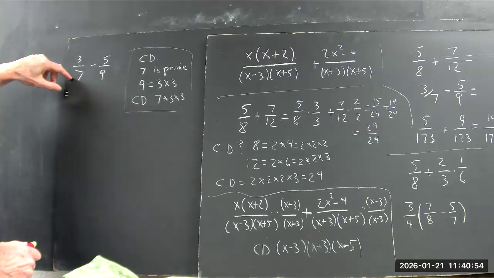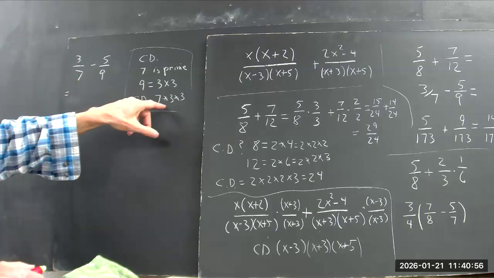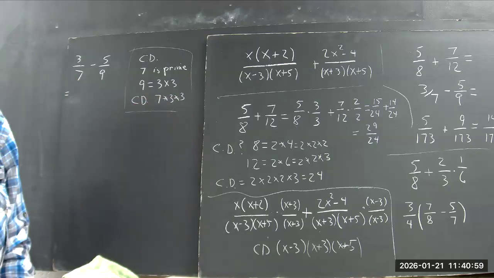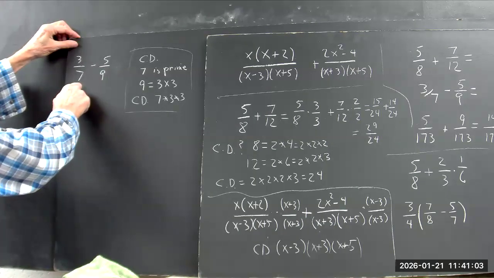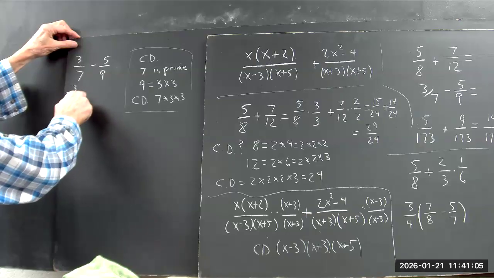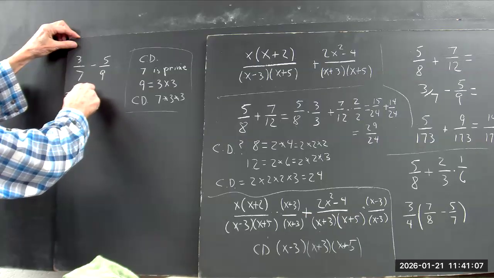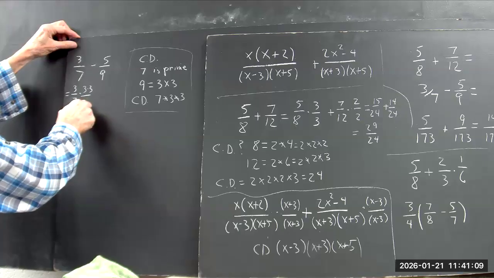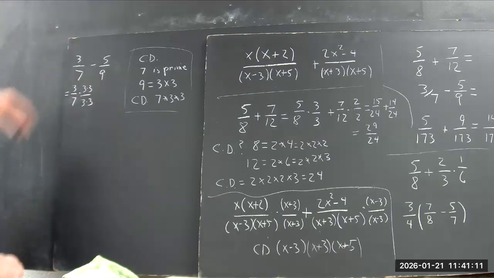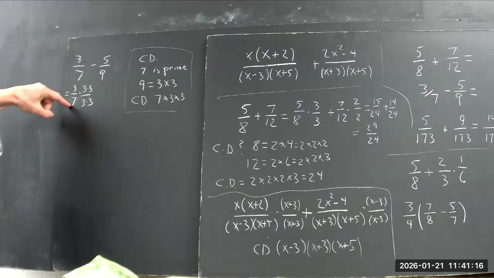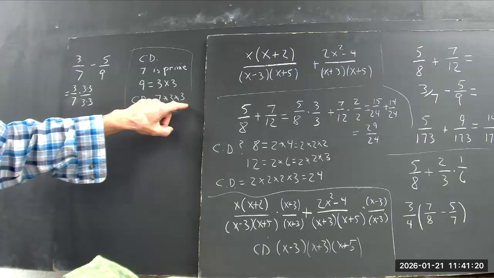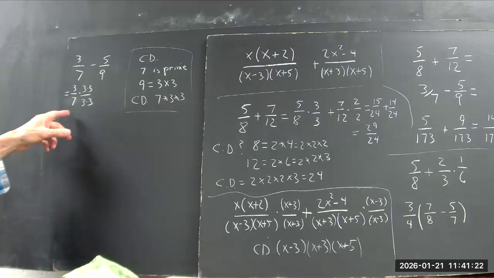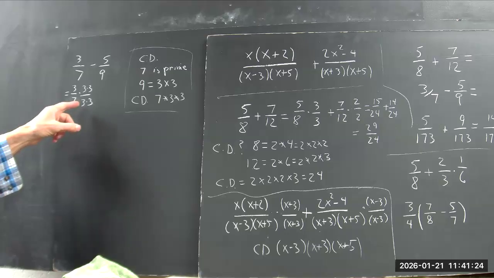And my 3/7, in order to get the common denominator, need a couple of 3s, doesn't it? I'm going to write all the factors very explicitly. It's 3/7, and then to get a denominator 7 times 3 times 3, I got to multiply the denominator 7 by 3 times 3.